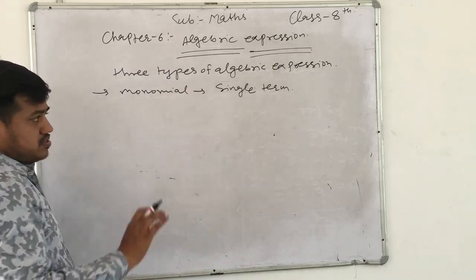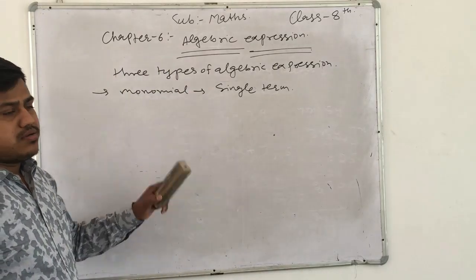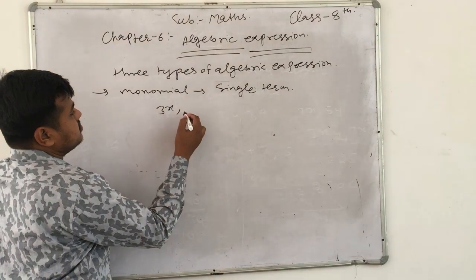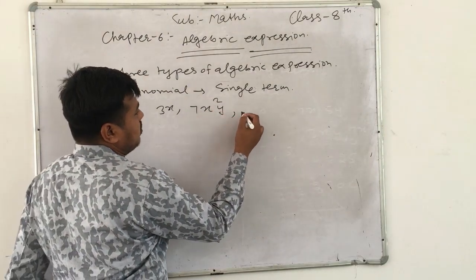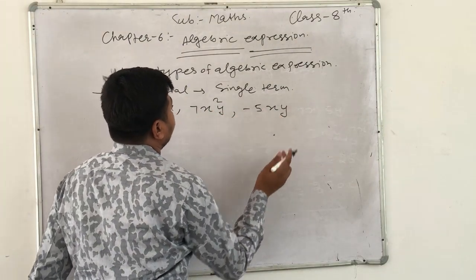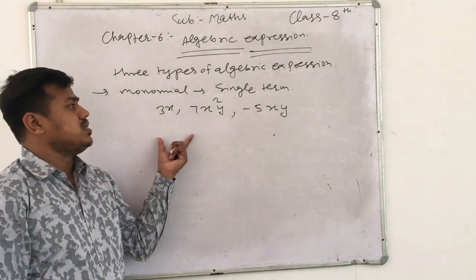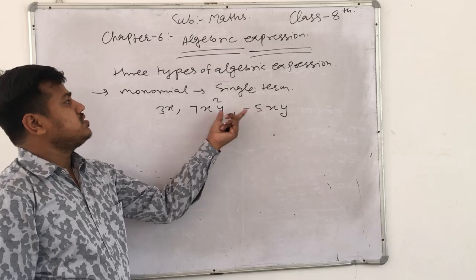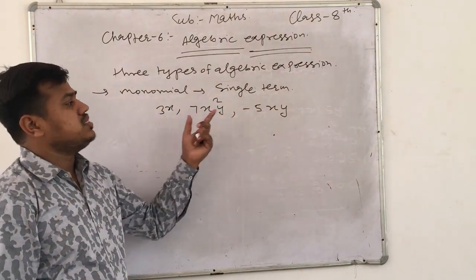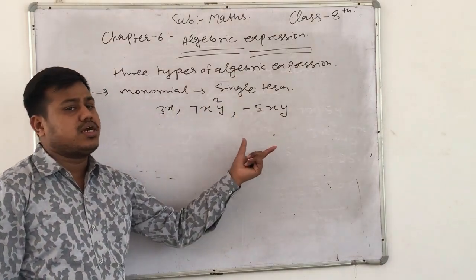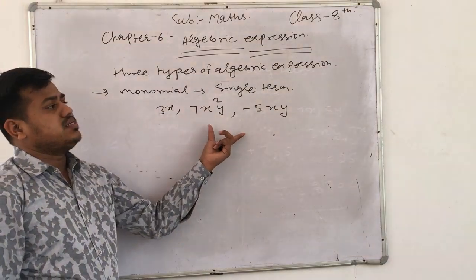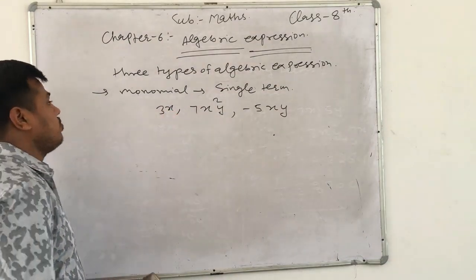That is known as monomial. Means 3x, 7x square y, minus 5xy. These are monomials because in these we have single terms. In these algebraic expressions there are only single terms. So this algebraic expression is known as monomial.